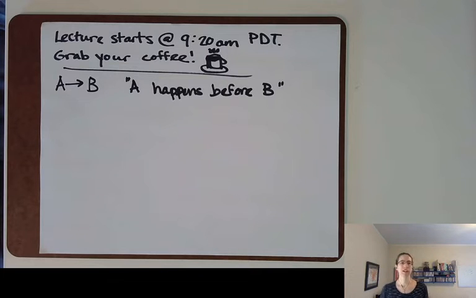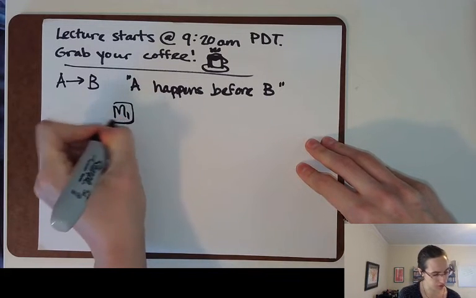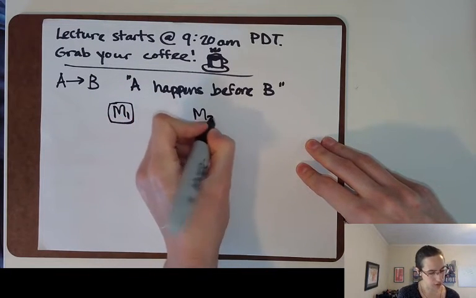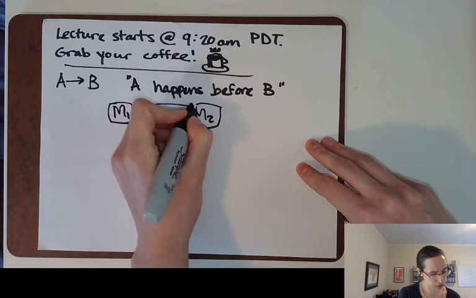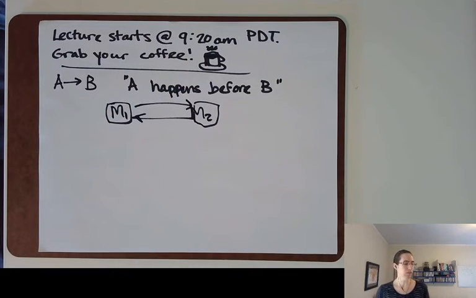But in the drawings I did yesterday, when we were drawing machines and messages going between machines, the trouble with that kind of drawing is that you can't really tell which of those messages happened first just by looking at the drawing. So what we can do is make time explicit in the drawings.